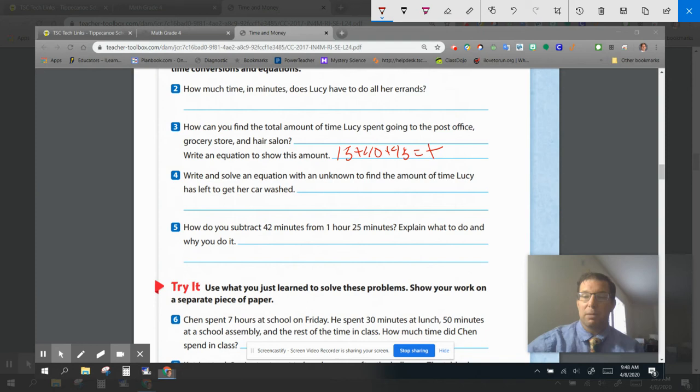Then write and solve the equation for the unknown amount she has left to get her car washed would be 120 minus t, and when you solve this, t equals 100. 120 minus 100 equals L, time left, since I already used T for the total time on number 3.